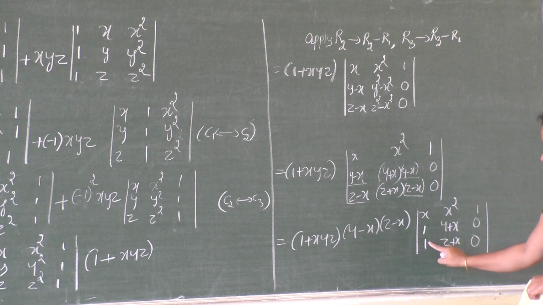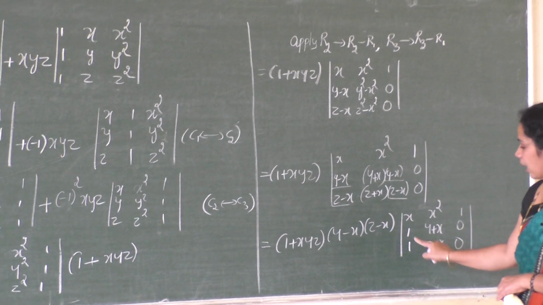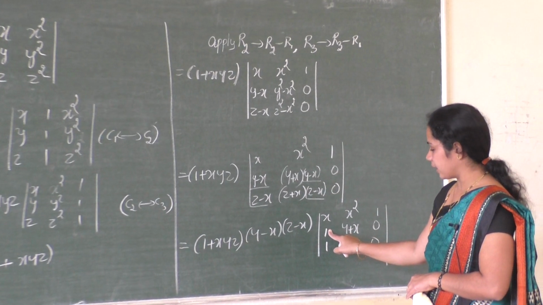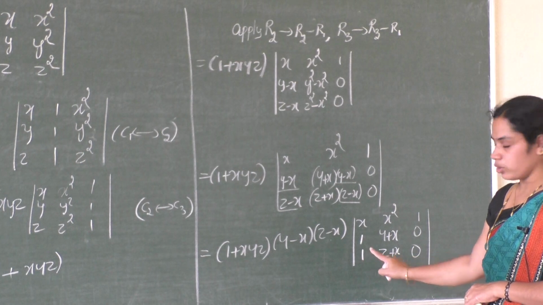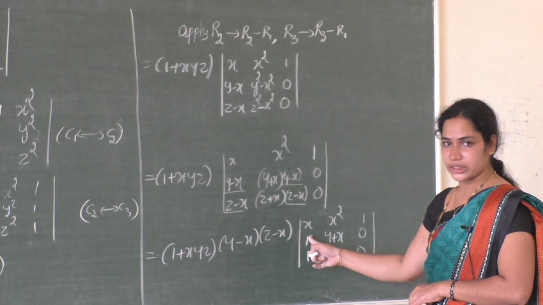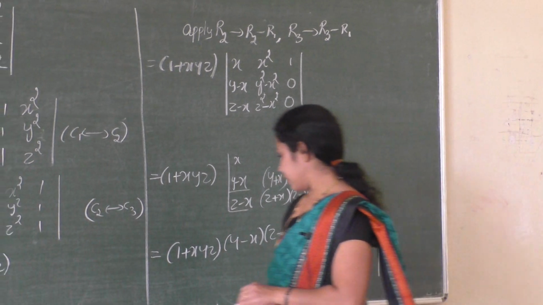One operation we can apply here, that is R3 minus R2, for the third row.